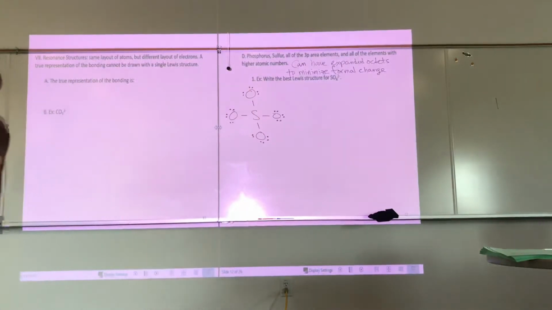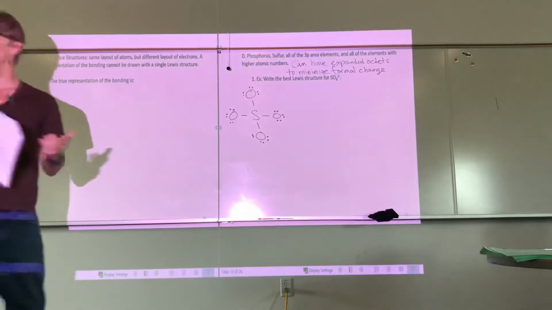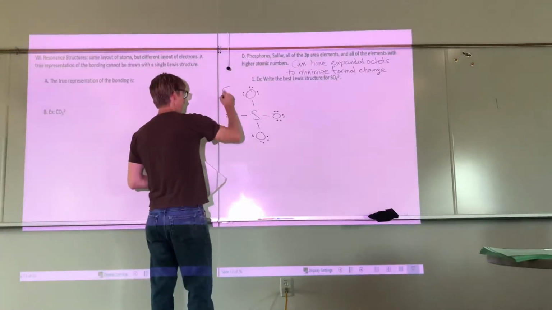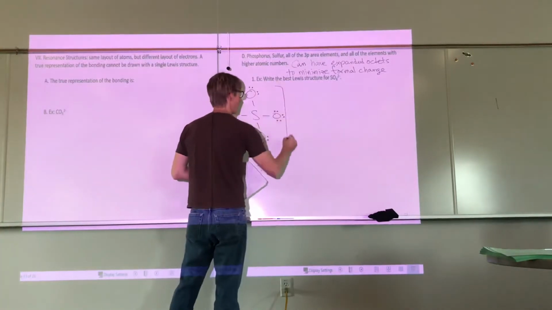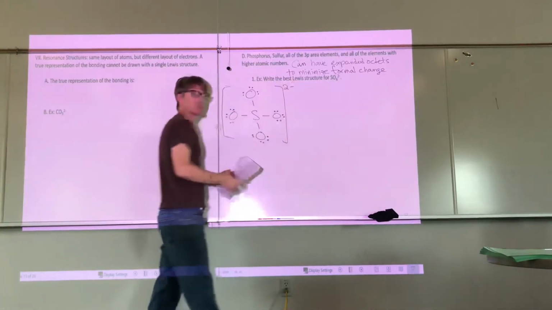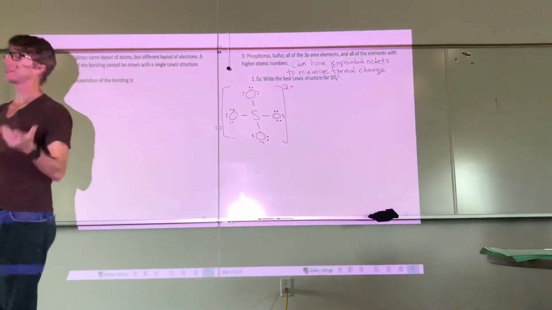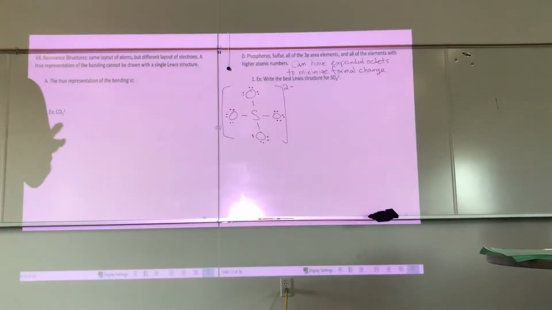Until you got to a place where all of them had octets, and you put square brackets around it, and at least in general, for Chem 300, that's where you'd stop. And you might find this answer on the internet because that is where some people stop.